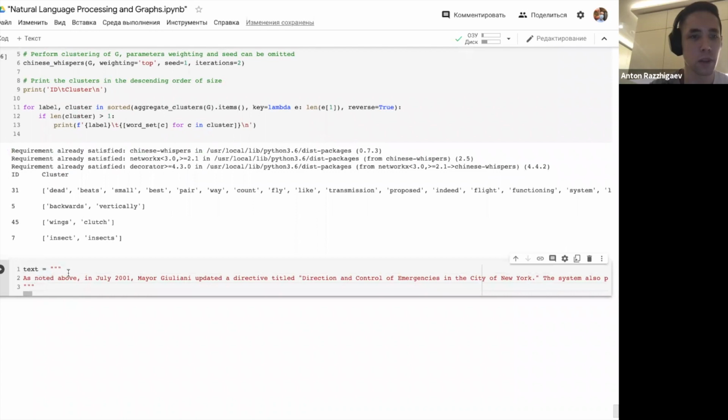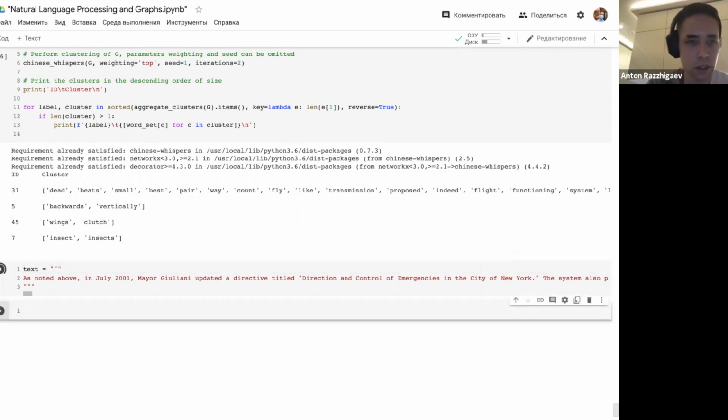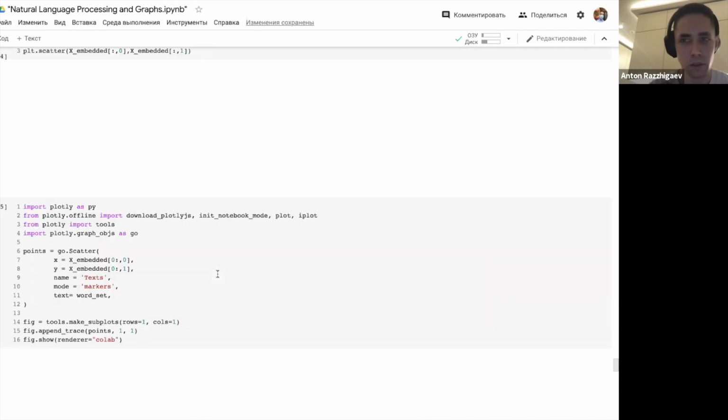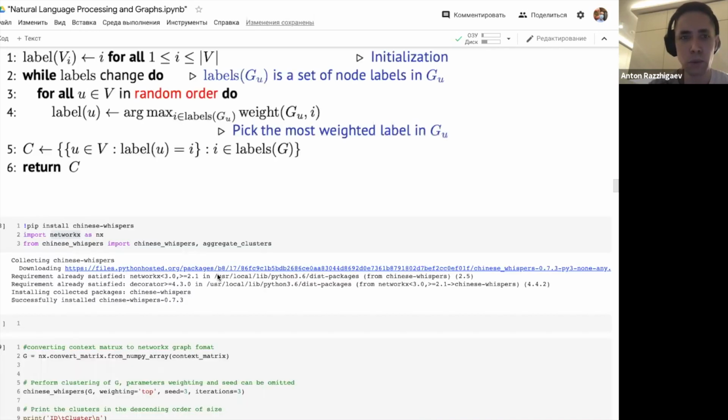And finally, here is another text, quite large, about power. This text consists of sentences with different meanings of the word power. Let's repeat some algorithms with this text. Okay, so now text equals this.